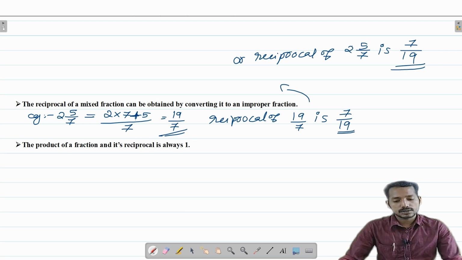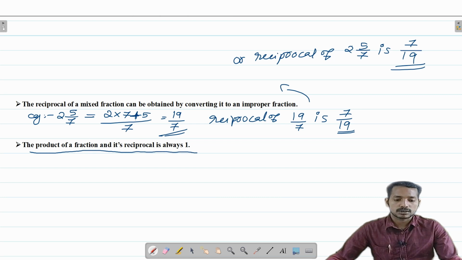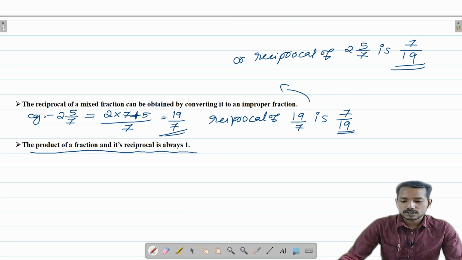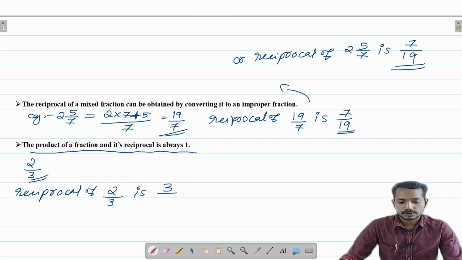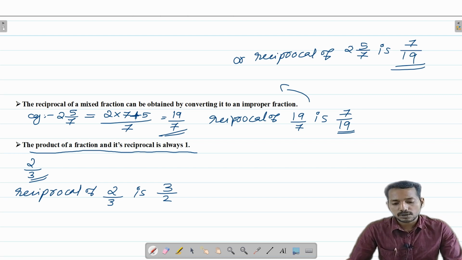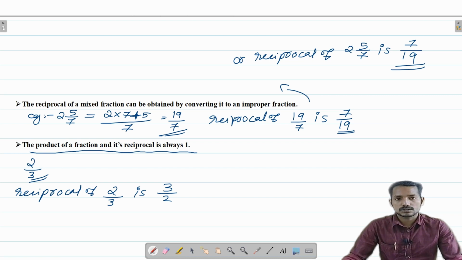The third point we have to remember regarding the reciprocal is that the product of a fraction and its reciprocal is always 1. For example, if you take 2 by 3, what is the reciprocal of 2 by 3? The reciprocal of 2 by 3 is 3 by 2.